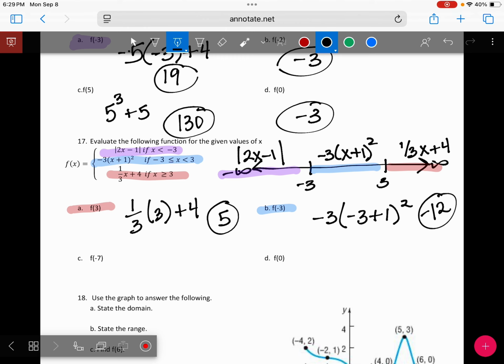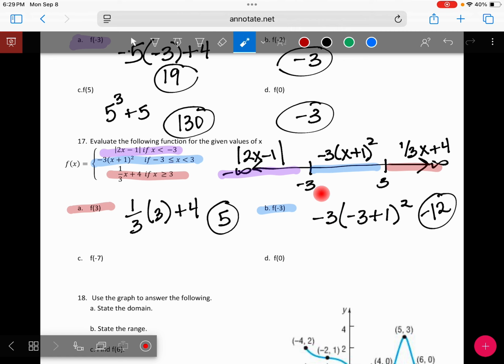Okay. So for part A, I got 5, because, again, that goes with the pink family. 1/3 times 3 is 1, and 1 plus 4 is 5.